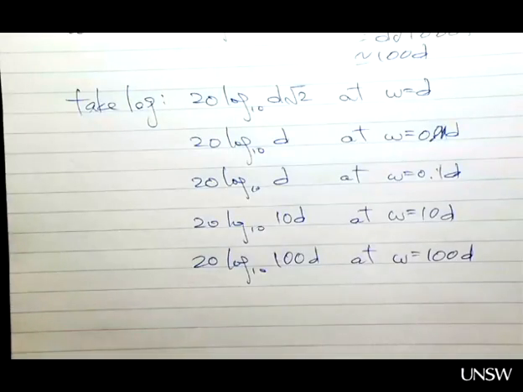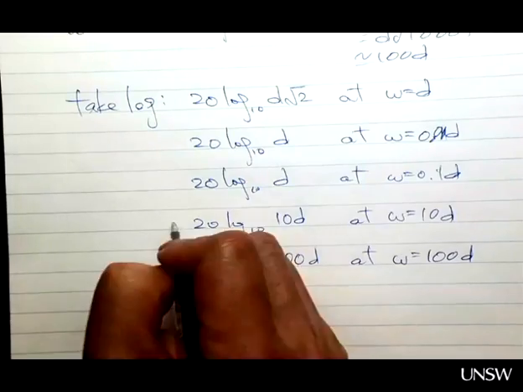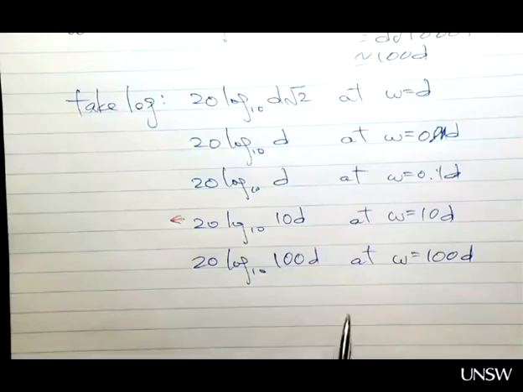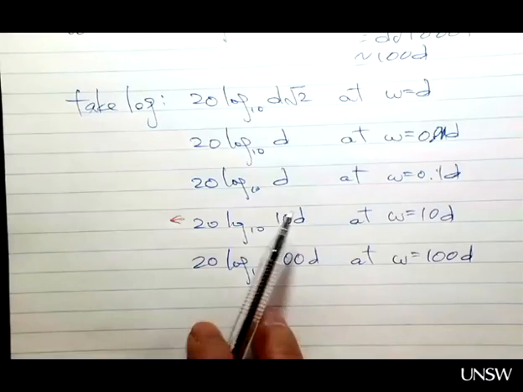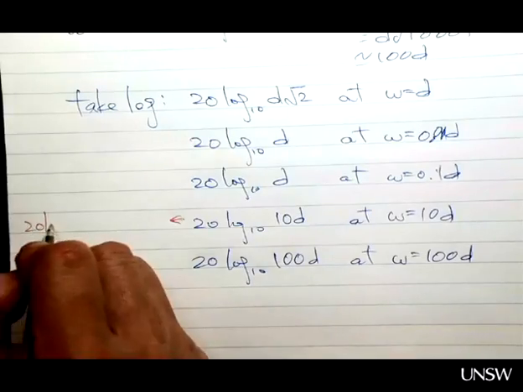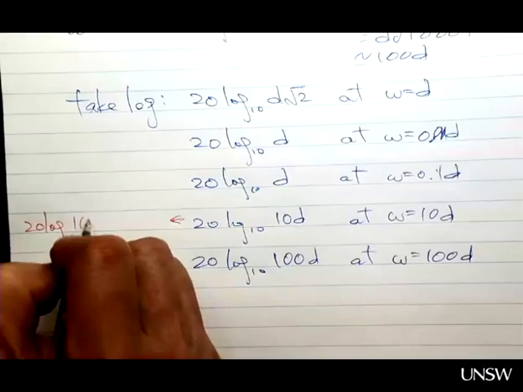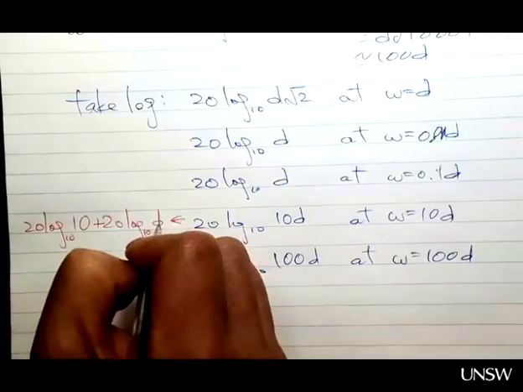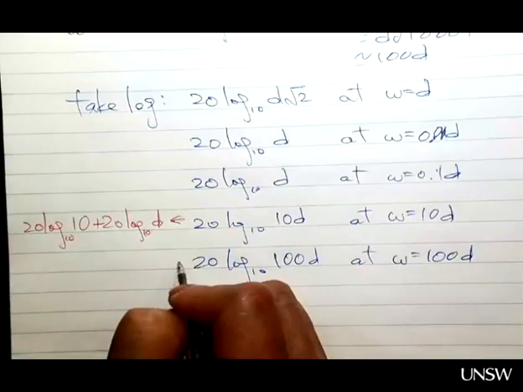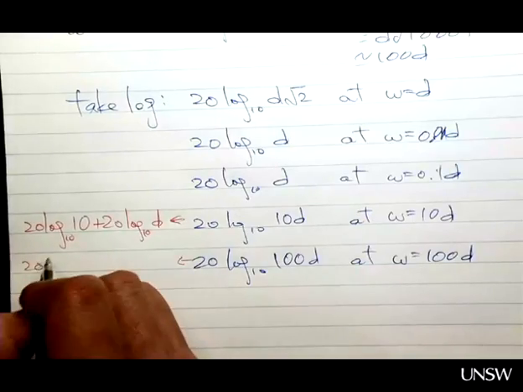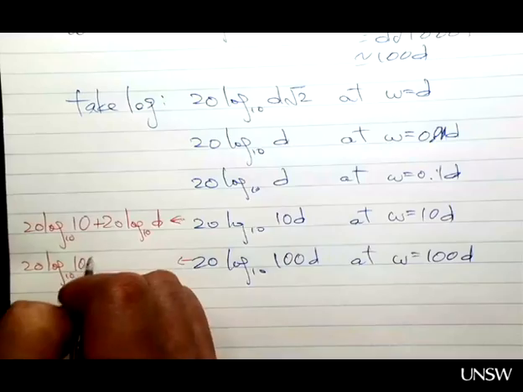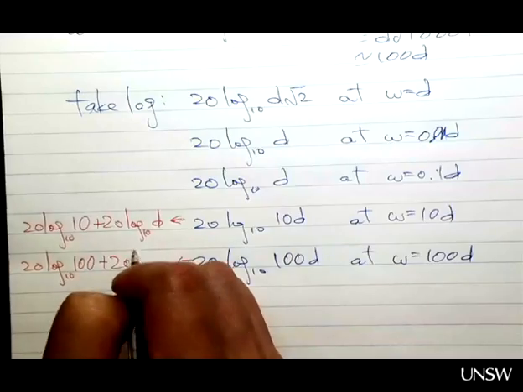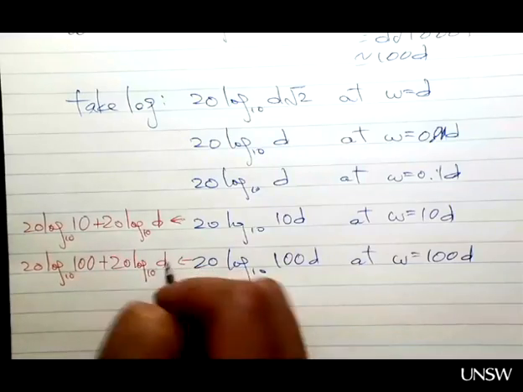For this part, it is a multiplication between 10 and d. So it turns out to be 20 log10 10 plus 20 log10 d, and then 20 log10 100 plus 20 log10 d, because we are taking the logarithms.